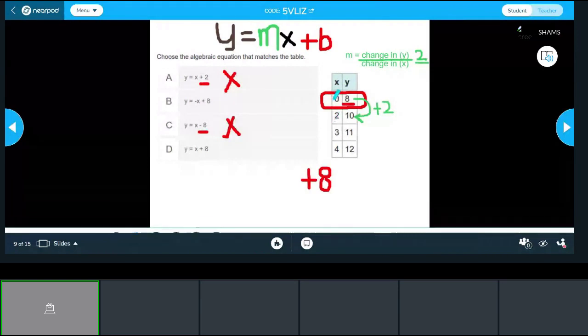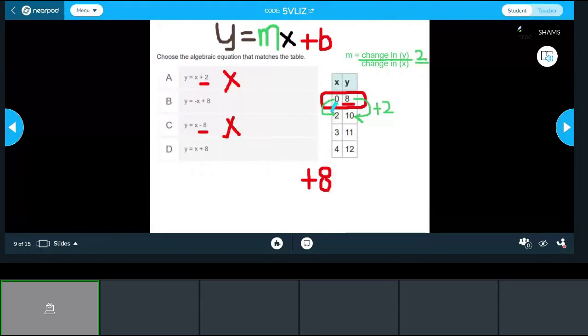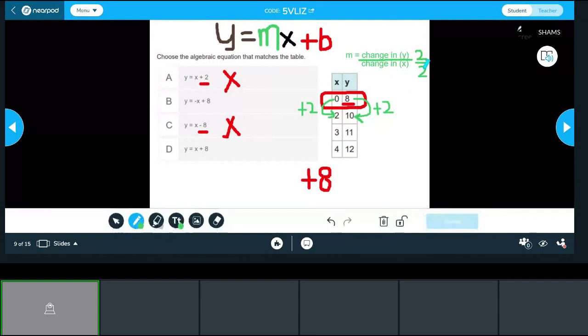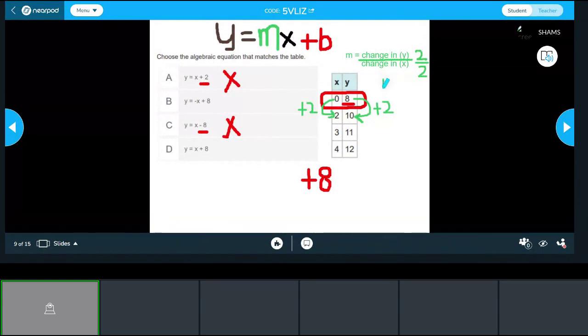Corresponding change in x, from 0 to 2, is also adding 2. So I will say m is 2 over 2. 2 over 2 can be reduced to 1. 2 divided by 2 is 1. So basically m is 1.